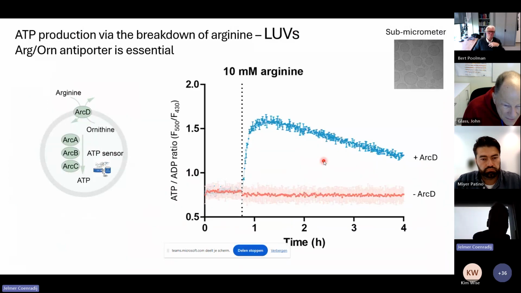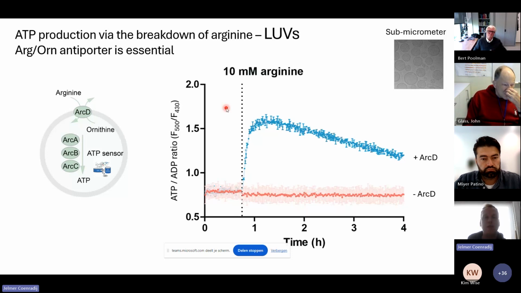So I did the ATP production via the arginine breakdown in 2 vesicle systems. First, I would like to present the work on the smaller vesicles, so the vesicle sizes in the size range of the JCVI cell. What we can see when we add arginine, in the case where we have an arginine-ornithine antiporter, is that the ratio of ATP over ADP increases massively.